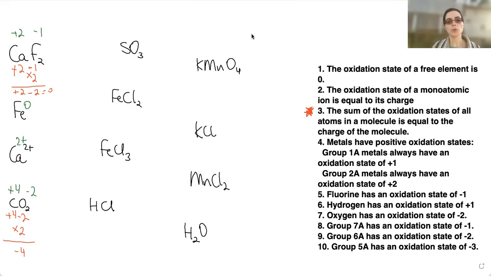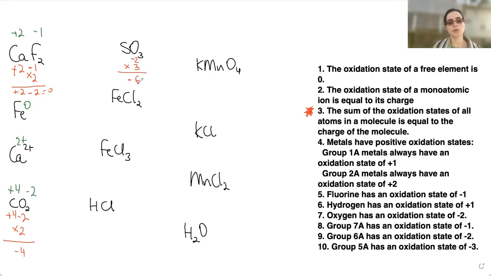Okay, so SO3, for SO3, we will also go through our rules, right? Number 1 doesn't fit, number 2 doesn't fit, number 3 we'll leave for now. Number 4, we don't have 1A or 2A metals here. Fluorine, no. Hydrogen, no. Oxygen, right? So again, oxygen is the first one that actually works here. So I will say -2 here, times 3, I get -6.